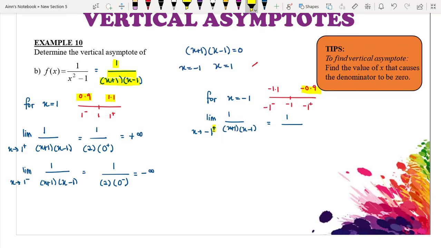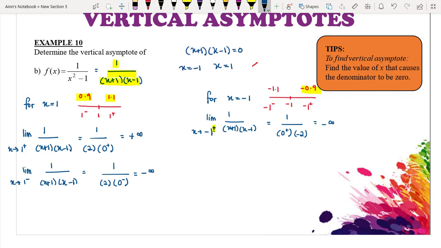So that will be 0 from the right. Negative 1 minus 1, we will get negative 2. So now we have 1 over 0 positive times negative 2, and this will be negative infinity.